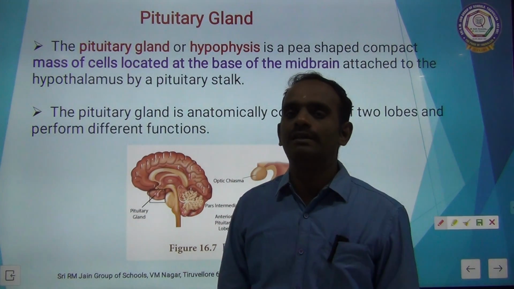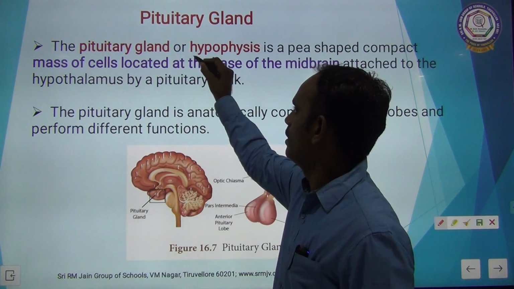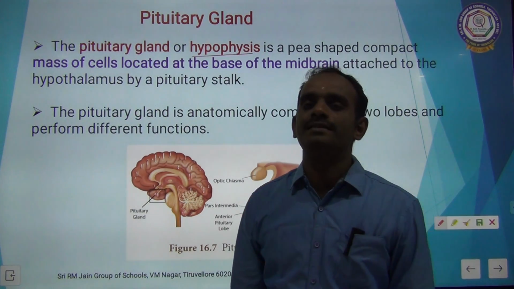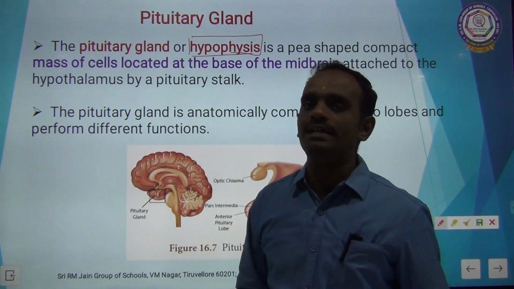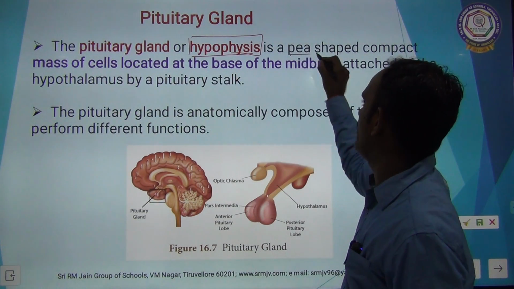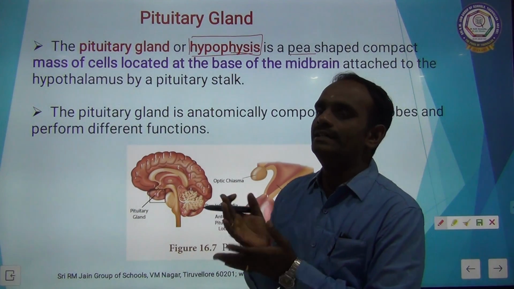The first gland is pituitary gland. The pituitary gland is also called hypophysis. It is a pea-shaped gland compactly present in the skull.